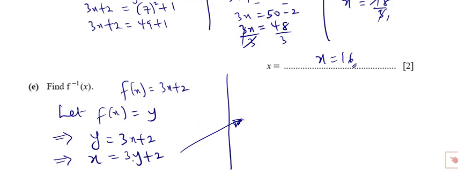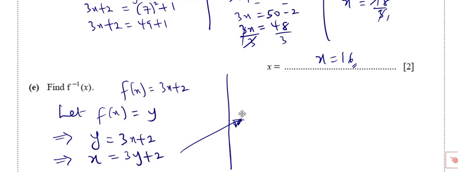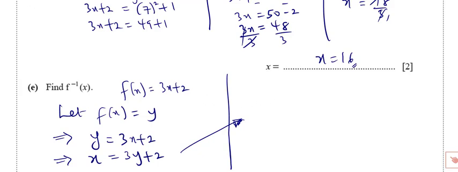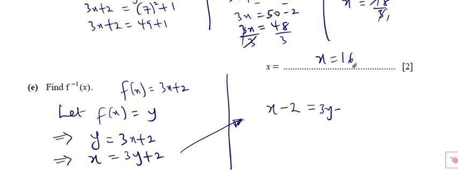So in order for me to make variable y the subject in this equation here, we have to subtract 2 from both sides of the equation. So we have x minus 2 equals 3y plus 2 take away 2. This cancels, so we are left with x minus 2 equals 3y.